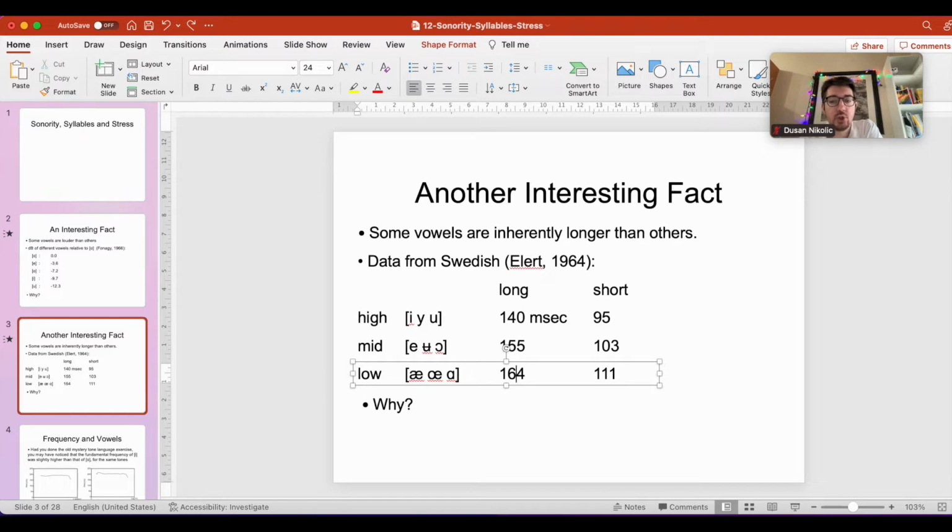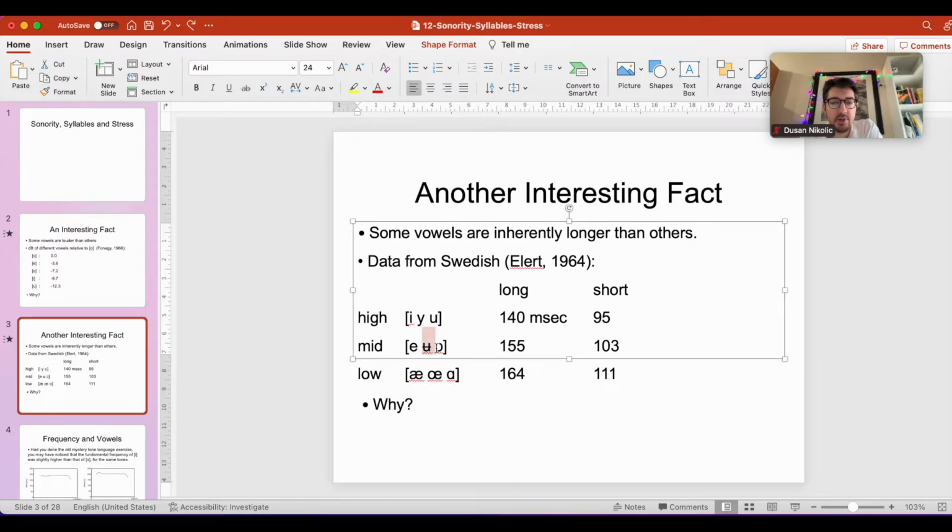It takes more time to close the mouth too, so it takes more time to get into this position of opening the mouth, in comparison to a neutral vowel such as schwa, E, U. These are intrinsically shorter, right, than some mid vowels such as E or A or O. And yeah, here for Swedish, apparently this one is mid, which, okay, let's say it works that way in Swedish.